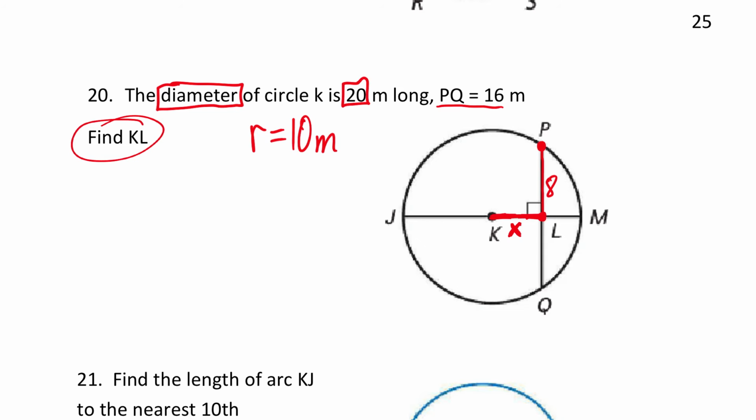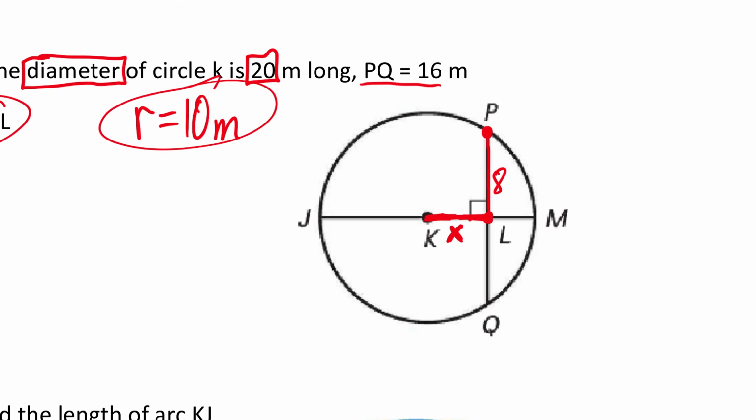The other thing is that the radius is 10. So if I draw the line from here to here, I'm drawing a radius, from K to P. How long is that radius? It's 10. So what am I going to use to find this side down here?